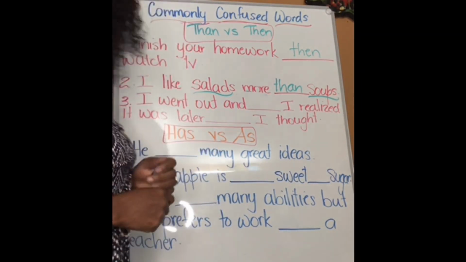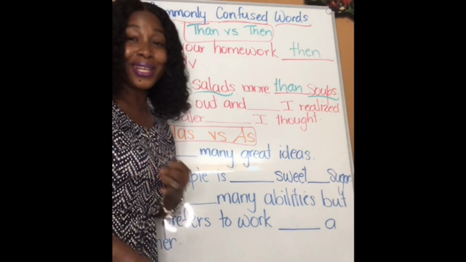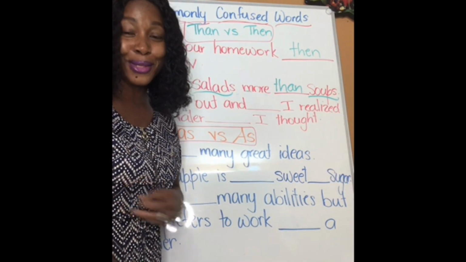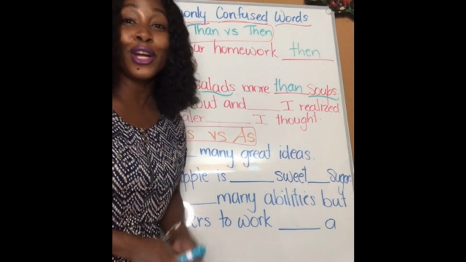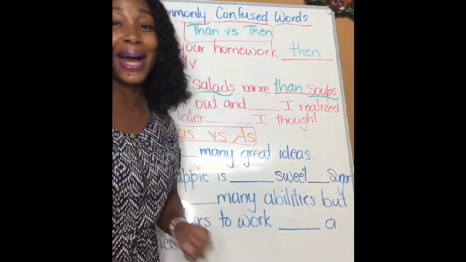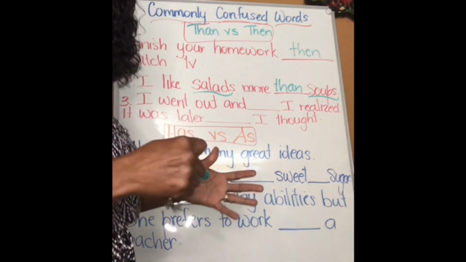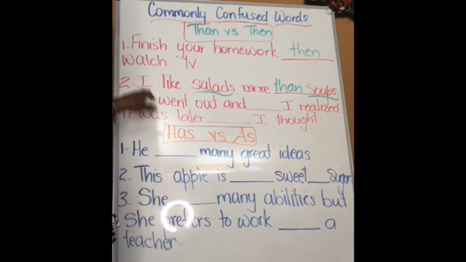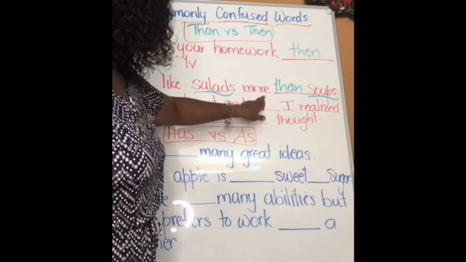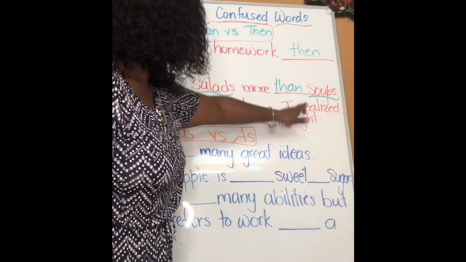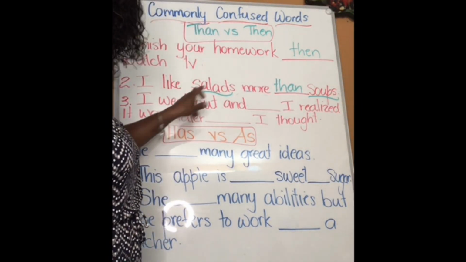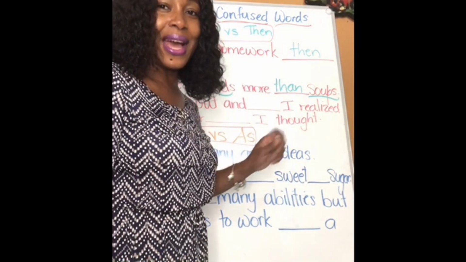Go ahead, that's on you. Write it down. Tell it to your sibling next to you. Tell it to your parents next to you. Run to the kitchen and tell your mom and run back. But I need you to choose your answer. I went out and than or then I realized it was later than or then I thought.